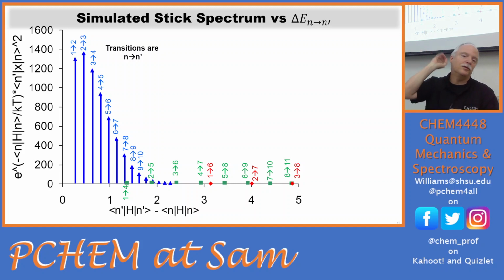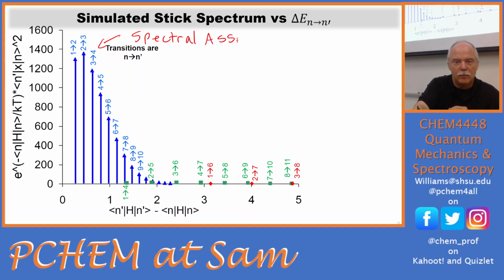If you had an experimental spectrum like this and you put in the quantum number transitions, that would be an assignment, a spectral assignment. So you give assigned quantum numbers to every transition in the spectrum. And that's what we're going to do for carbon monoxide and for iodine.